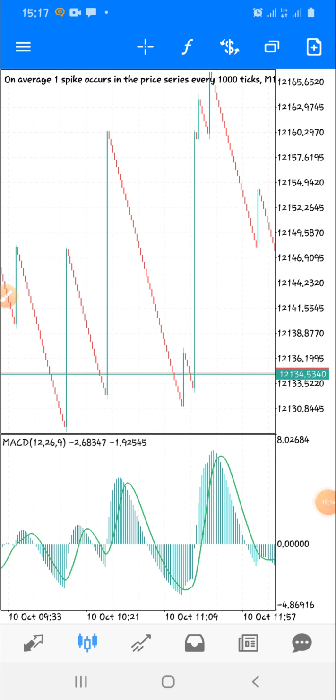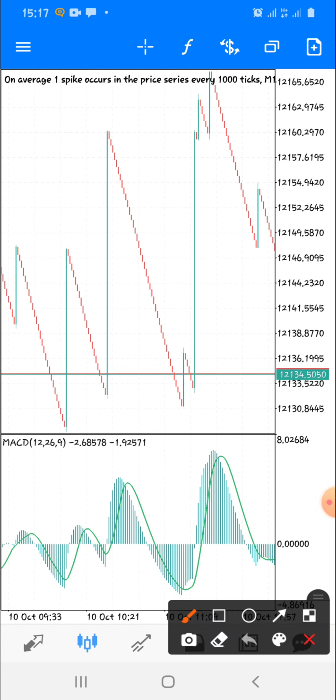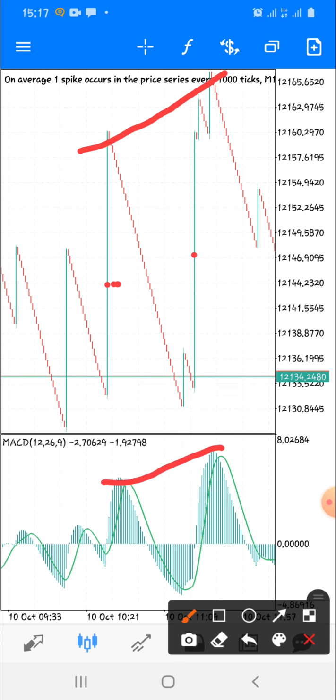So here, ladies and gentlemen, let's say we connect these spikes with one straight line, and we also connect the histogram points, and let's say they are 30 degrees or so.